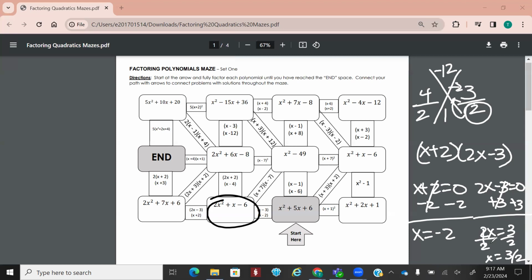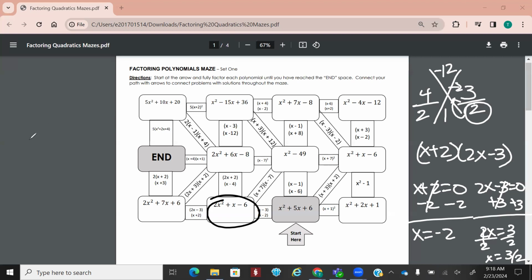Okay. Questions over this? Are we okay? Yep. Positive 3. Because we moved the 3 over. So we added 3 and then divided by 2. So there's no negative. Yep. So how do you know which that forms of?